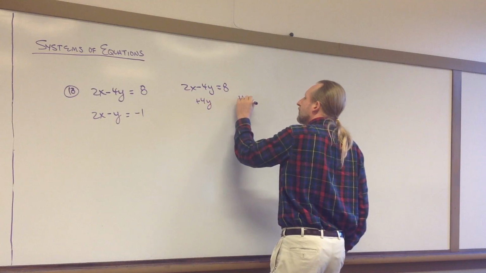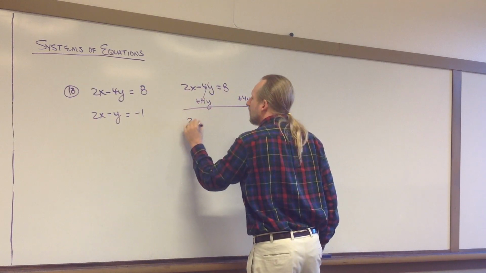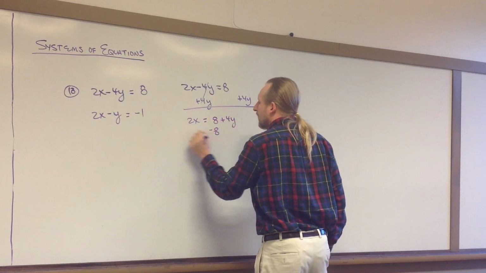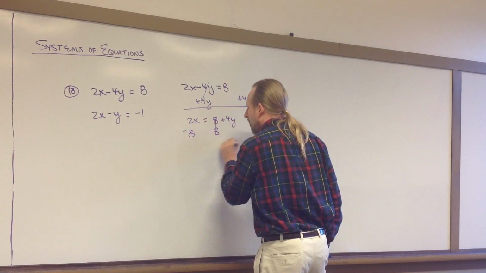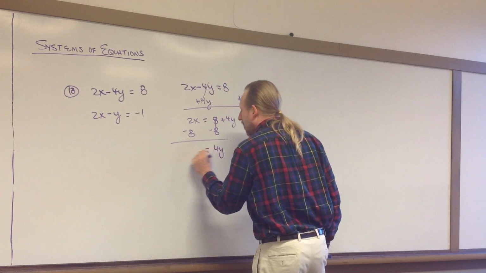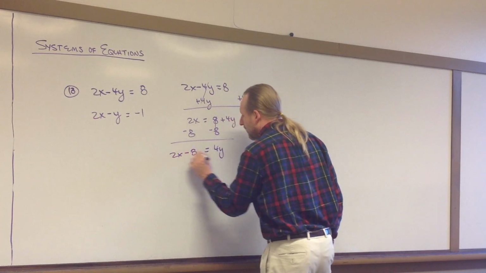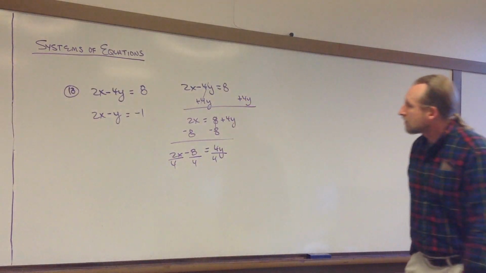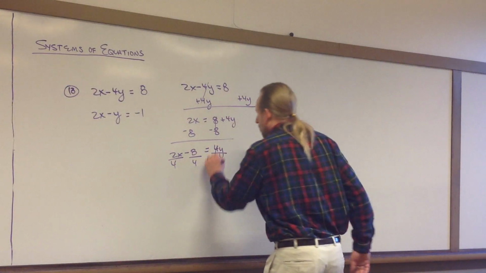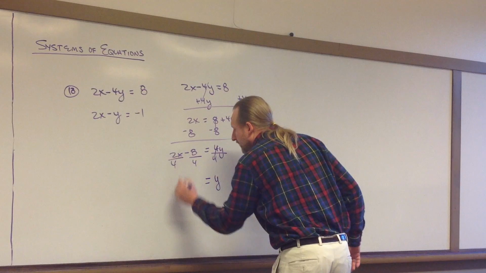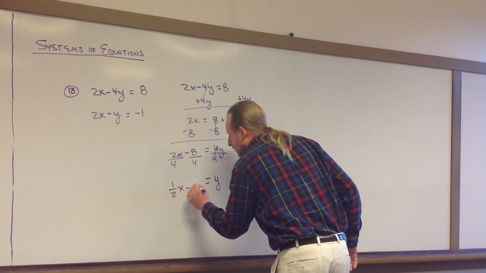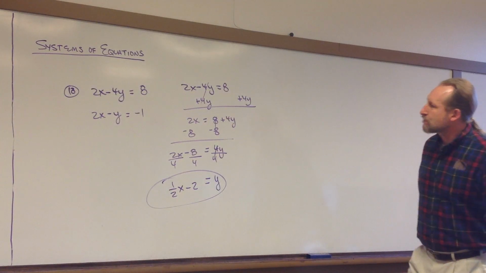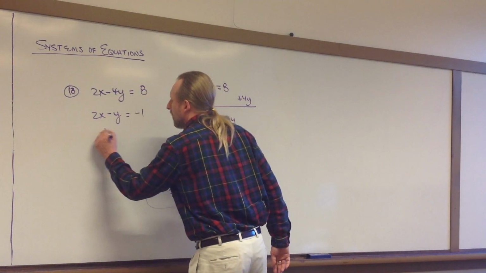So I'll add the 4y over and subtract the 8. And then we've got to divide everything through by 4. Okay? So y equals a half x minus 2. So there's one line. Let's see the other one.